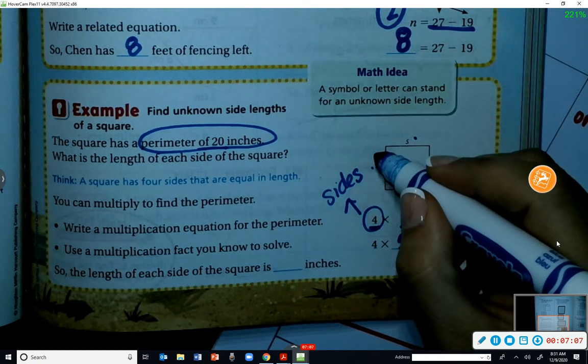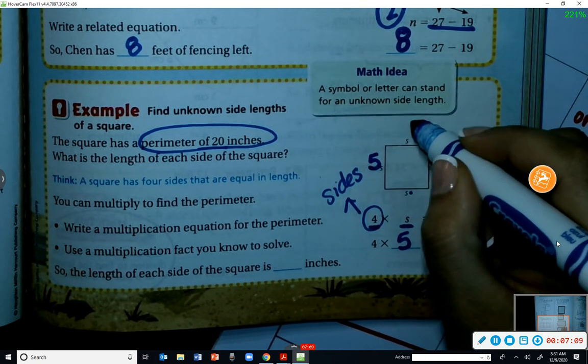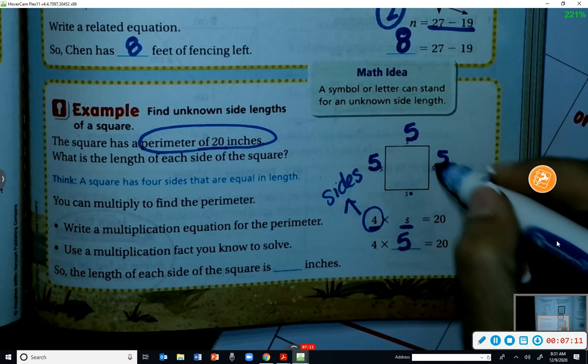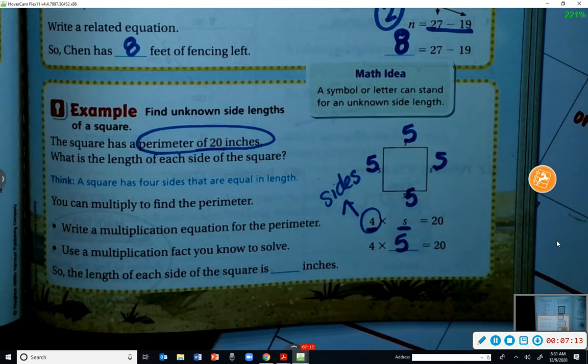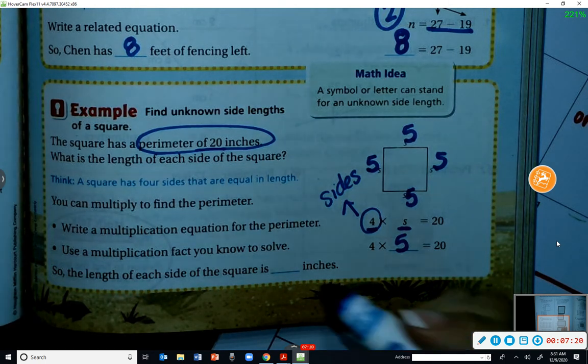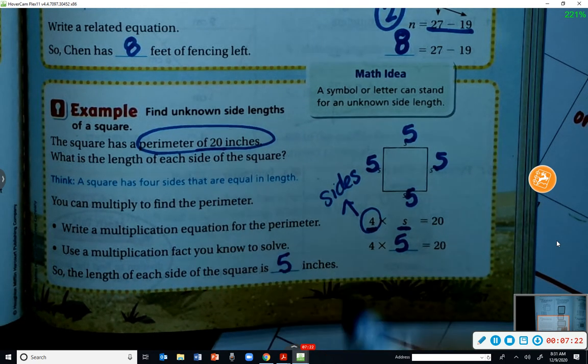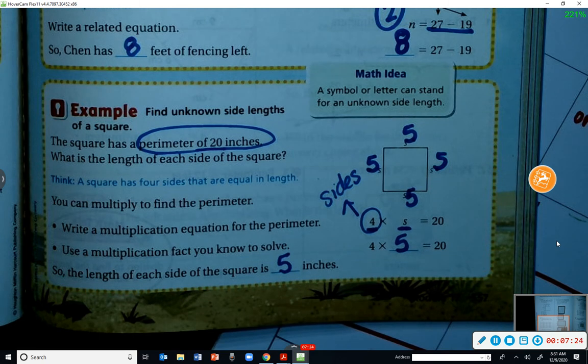So let's see how that makes sense. This is 5, 10, 15, 20. So each side would have to equal 5. Okay, and we're going to practice more of this.